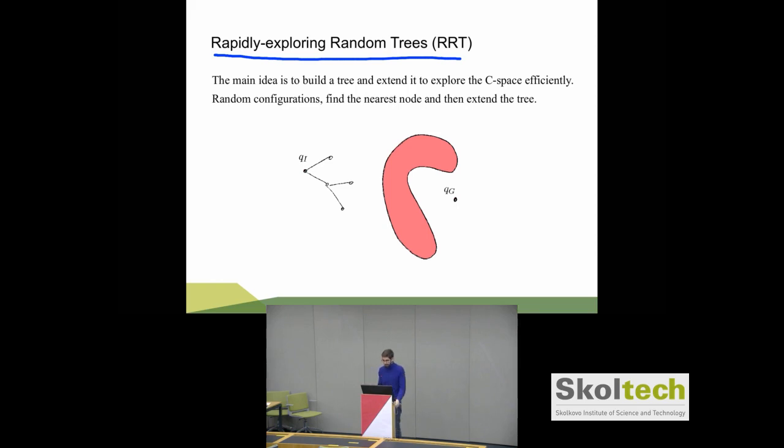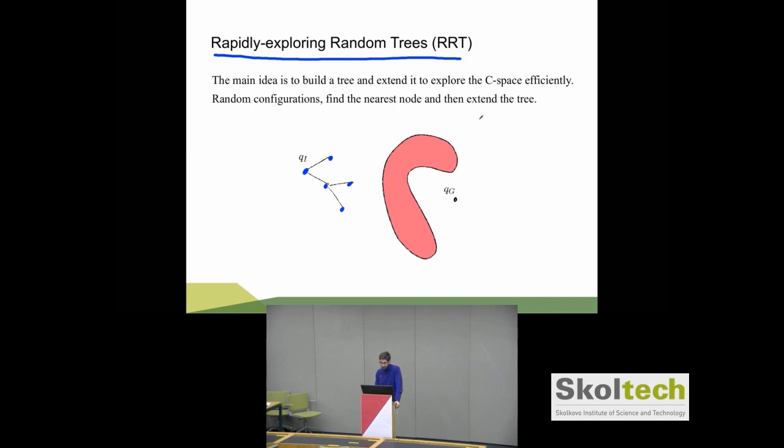Right? And the idea is the following. We have, let's say, this graph here, right? So this is what we have calculated. By the way, this graph is going to be a tree. So this is another difference with respect to the probabilistic roadmap. Here, we always know who is the parent.